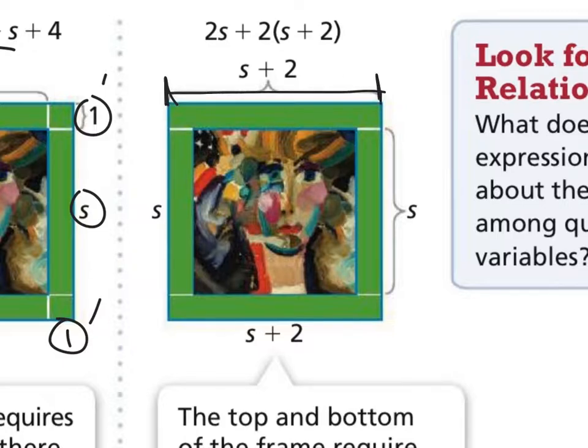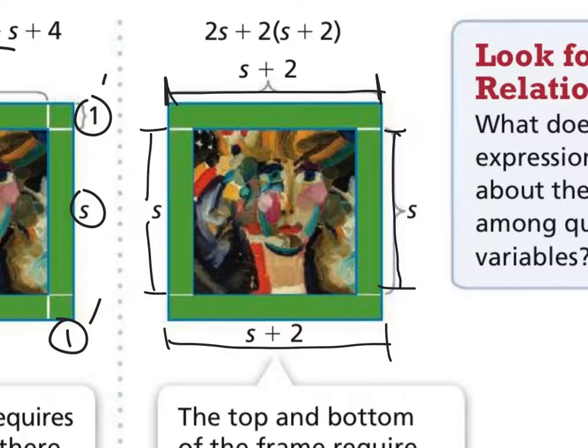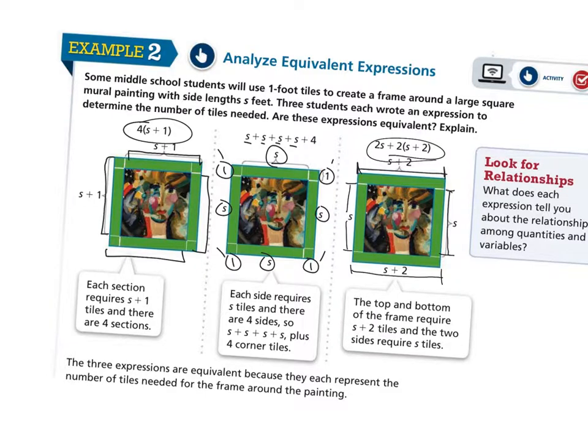That's S plus 2. And then they said this is S, and then here's another S plus 2, and then here's another S. So we have 2 S's, and we have 2 S plus 2's. So that works also.